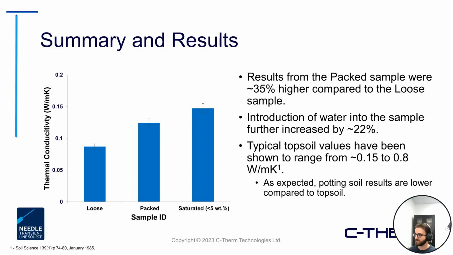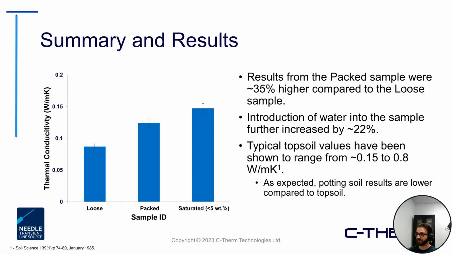And then looking at some typical topsoil values, one publication noted they've been shown to range anywhere from about 0.15 to 0.8 watts per meter Kelvin. Again, a lot of things to consider there: the packing, the density, composition, things like this. But what we're showing is that in our loose and our packed state, even in the saturated state, we're coming in pretty much at the very bottom end there or below what is expected of most topsoils.